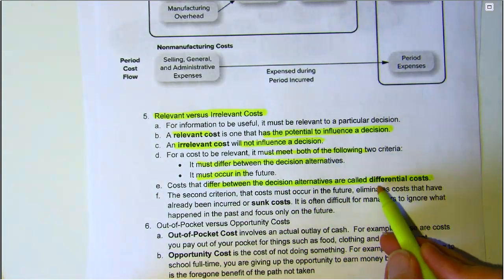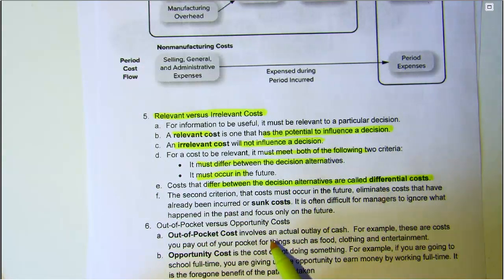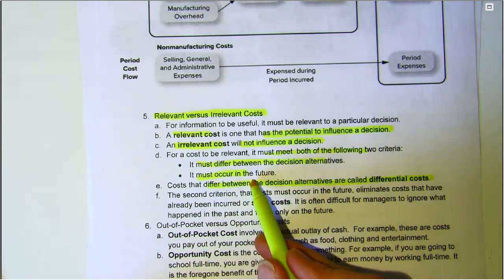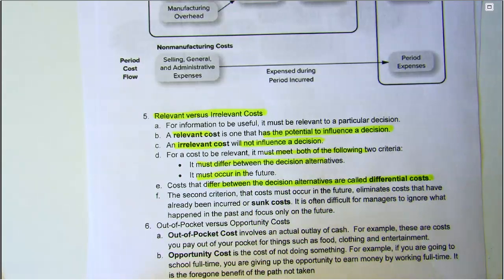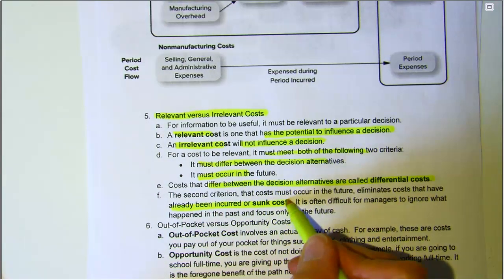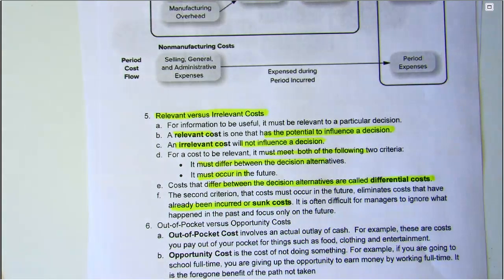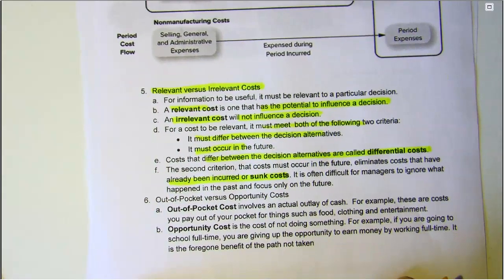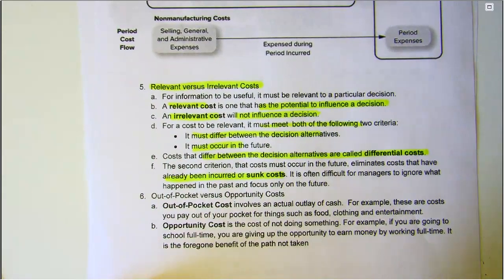The word differ is right in there. And as I mentioned, to be relevant, costs have to occur in the future. If costs have already occurred, they're called sunk costs, and they are not to be considered when making a decision between alternatives.